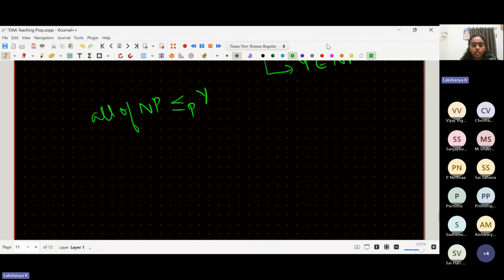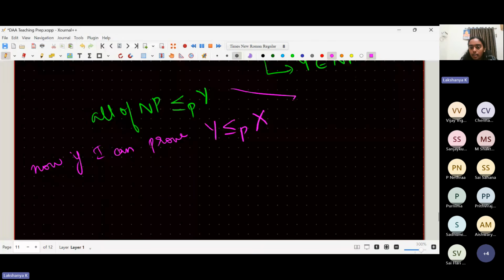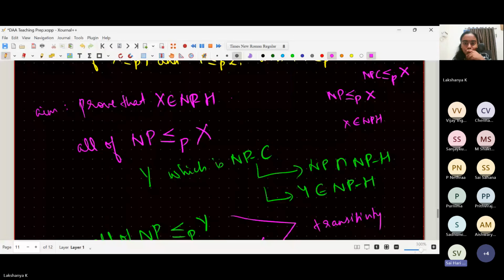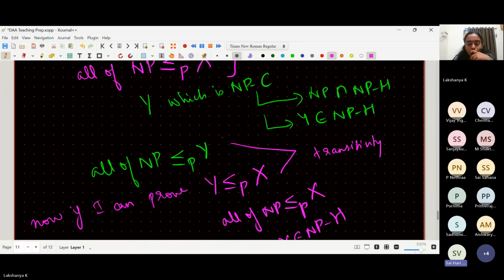Now, if I can prove Y is reducible to X, some NP complete problem is reducible to my problem, then from this and this, by transitivity, all of NP is reducible to my problem, which means X belongs to NP hard, which is exactly what I wanted to prove. Right? But you have to show that Y is reducible in polynomial time.